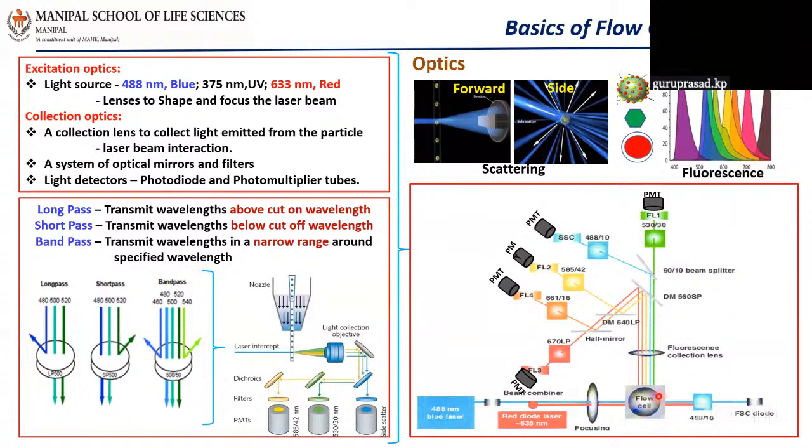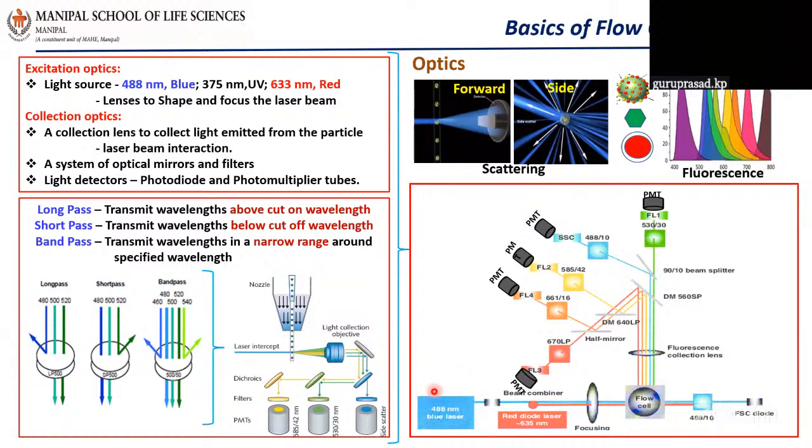If you are staining the cells with multiple colors, a single cell may produce multiple lights, and whatever light is produced will be detected. Such a diversion of a specific wavelength of light to a specific detector is done by optics. So this looks very complex, but it is very simple.